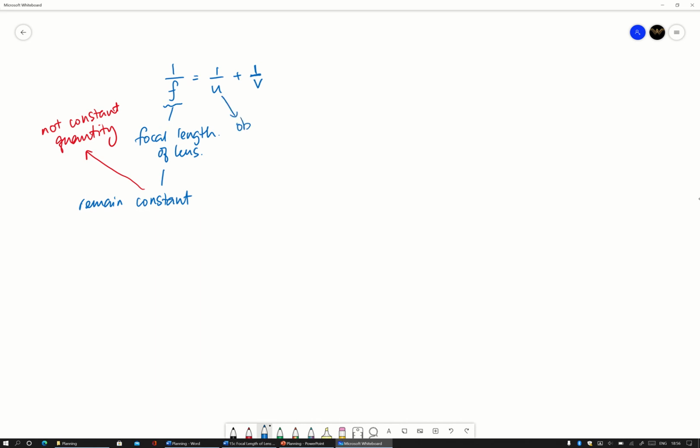This is the object distance, and this is the image distance. If you are not able to recall all these things, I suggest you pick out the practical worksheet and start reading through first before you continue with this video.